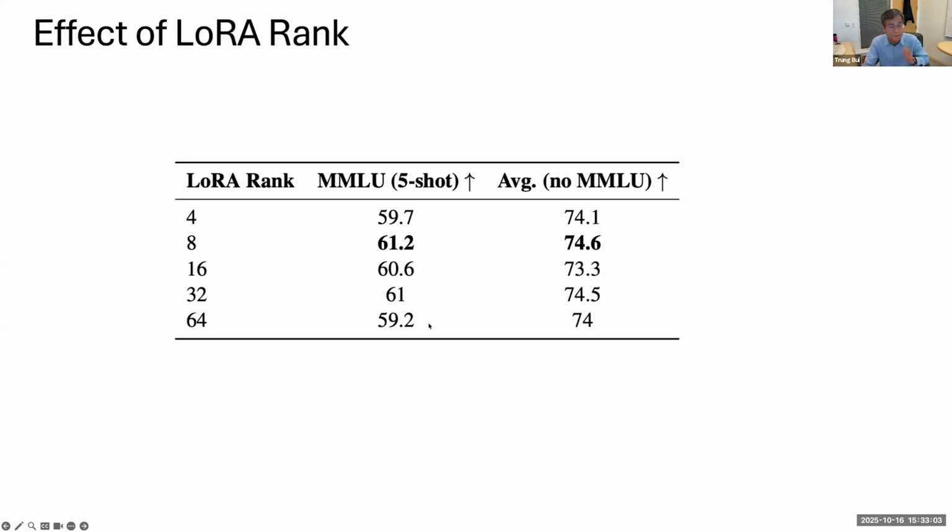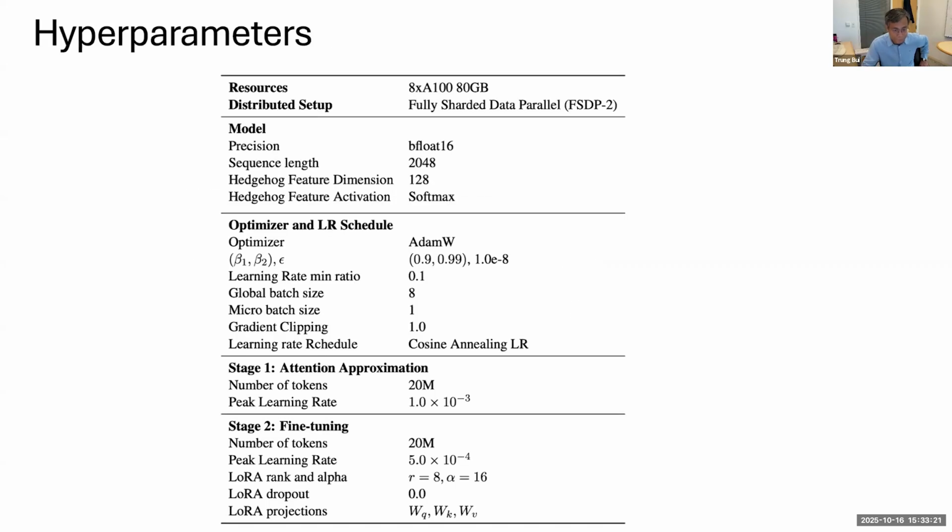Another part of our ablation study checked different ranks of the LoRA fine-tuning from 4 to 64, and we found that with rank 8 we get the best performance. And here are the details of the parameter settings in our experiment.